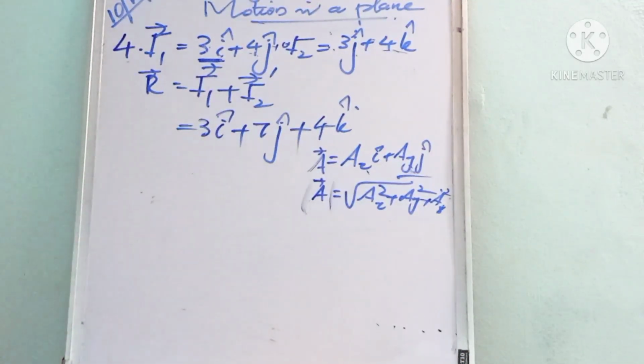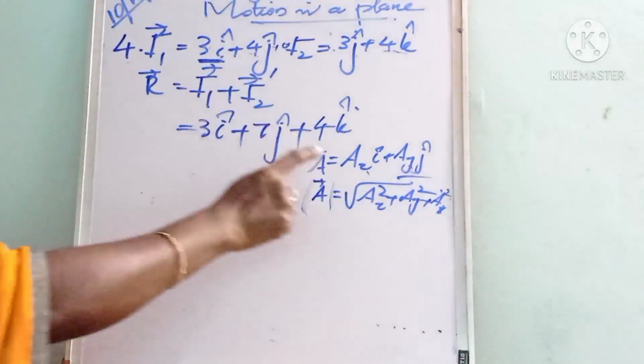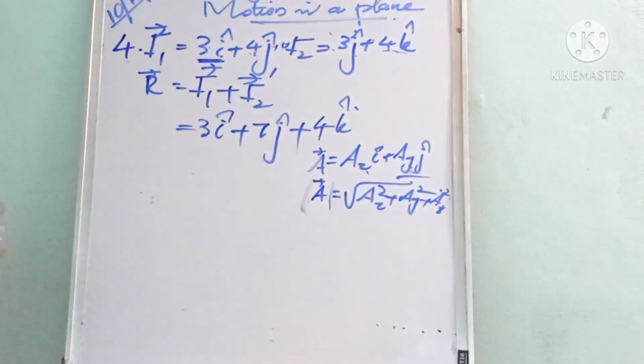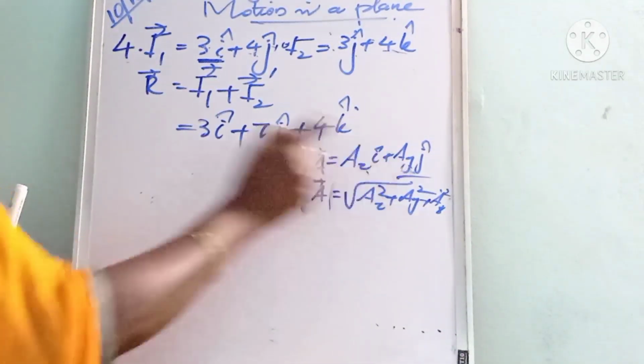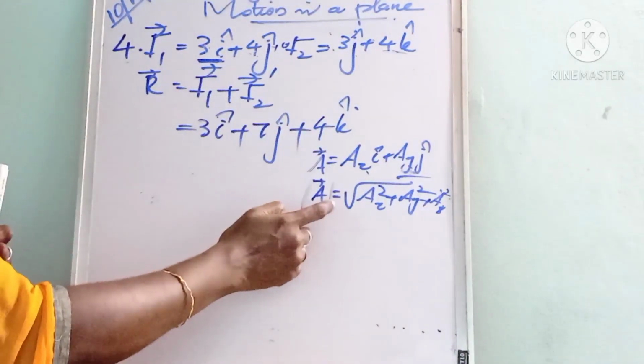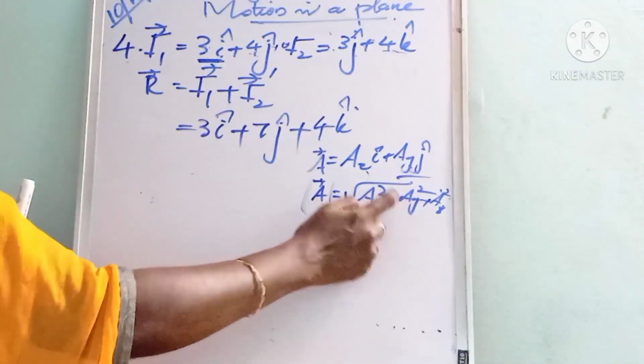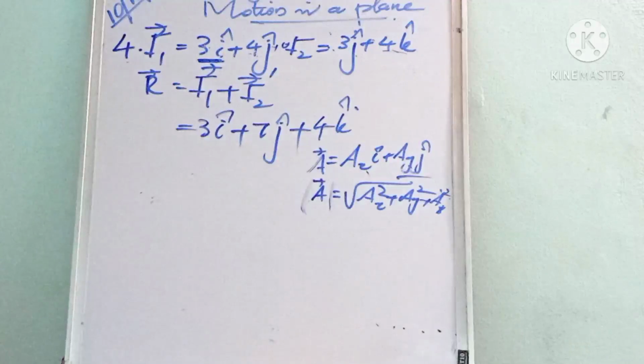In the case of rectangular components, there are only two axes, x and y, so we resolve the vector A along the x and y directions, giving Ax and Ay. So A can be written as Ax i plus Ay j, and its magnitude is root of Ax square plus Ay square.